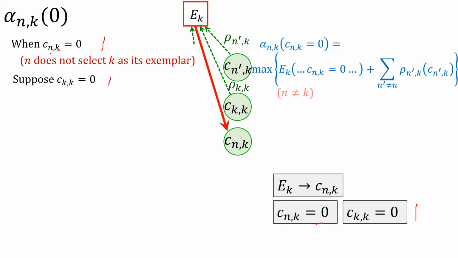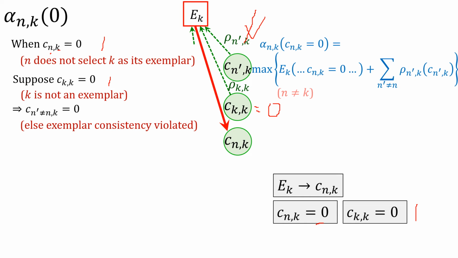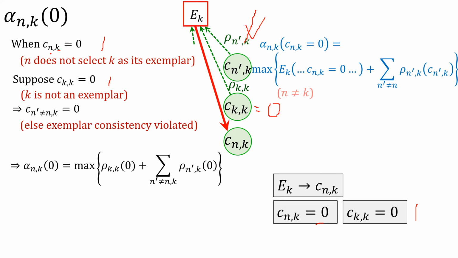If ckk equals 0, k is not an exemplar, which means that this entire column k must be all zeros to avoid an exemplar consistency constraint violation. So every element cn'k must be equal to 0. Otherwise, the exemplar consistency constraint would be violated.